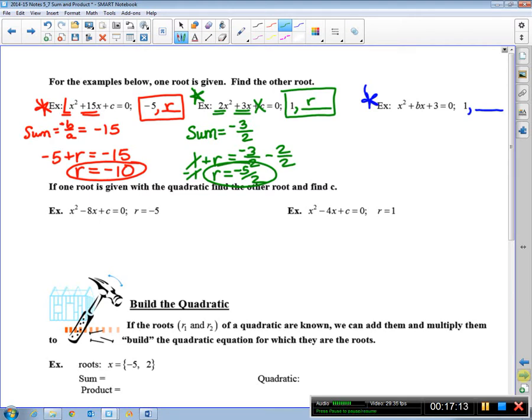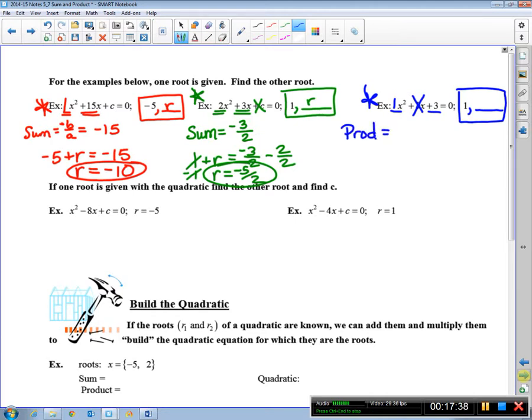All right, third example. If you want to give it a try on your own, go ahead and pause the video. I'm looking for a second root. What clues do I have in the quadratic? I've got that A is 1, B is useless to me, and I've got C is 3. So I have to work with the product this time.